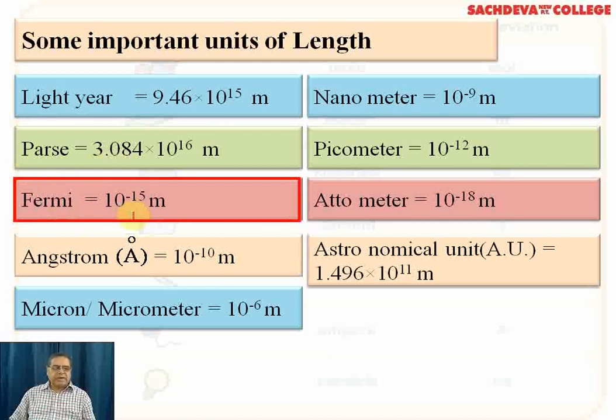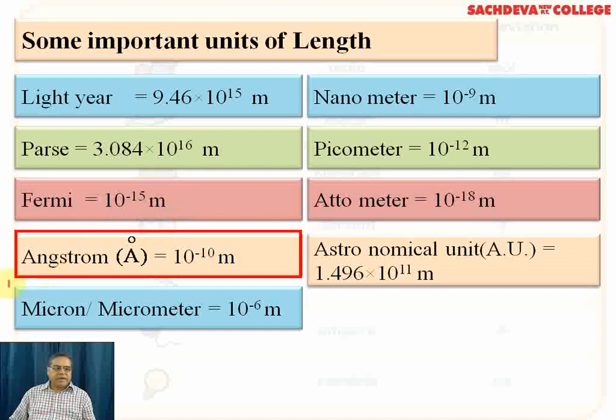Size means the diameter, and it is found to be of the order of 10 to the power minus 15 meters. Next is 1 angstrom unit, that is, the sizes of atoms or interatomic spacings are represented in terms of angstroms. That is, 1 angstrom unit is 10 to the power minus 8 meters.